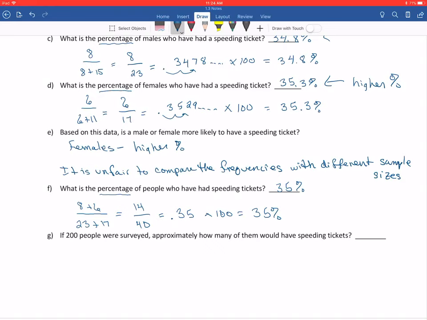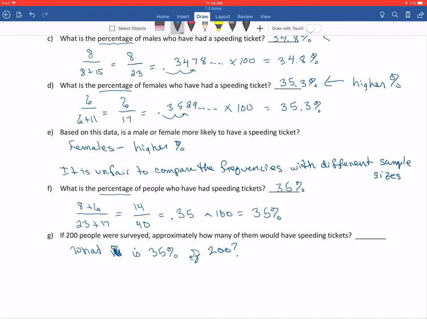If 200 people were surveyed, approximately how many of those people would have speeding tickets? When I read a question like this, the first thing I do is I try to condense it to just a shorter question. So when I read this, overall, what I'm getting is, what is 35% of 200?